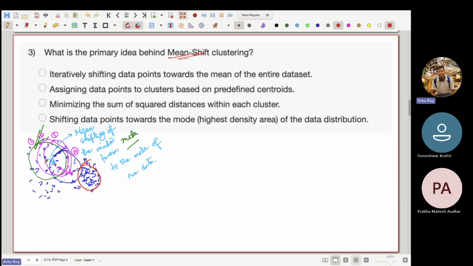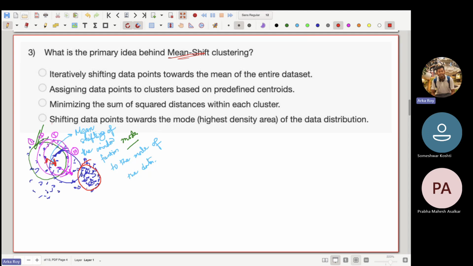In this particular case, you start with a window, you calculate the center of the window, then based on the distribution's width or the bandwidth, or in the case of a normal distribution, it is basically considered as a 95% confidence interval. Within that confidence interval, whatever data you capture, you try to calculate the mode. And then you shift from the center of the window to the data mode. So that is what it is basically.